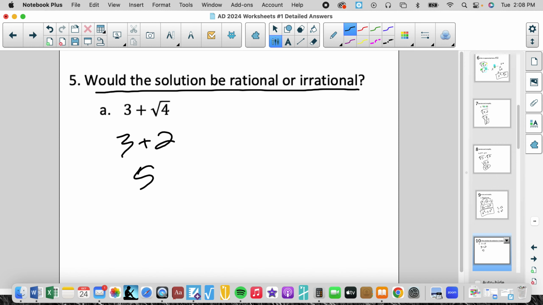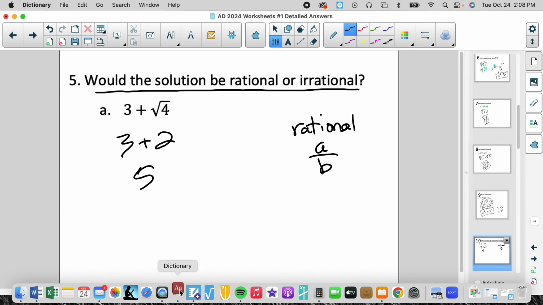When we look at these problems, we're going to see, can we write it as a rational number? A rational number is any number that can be written as the quotient of two integers. I think that's the definition. Let's take a look.